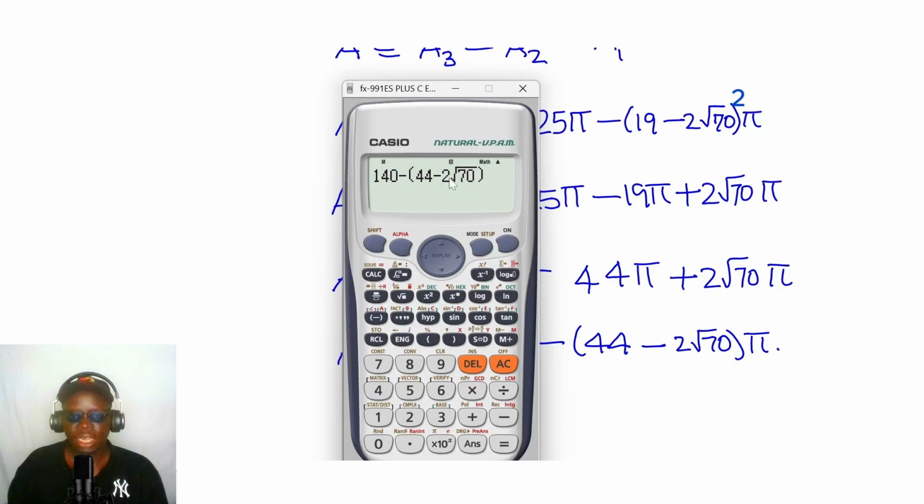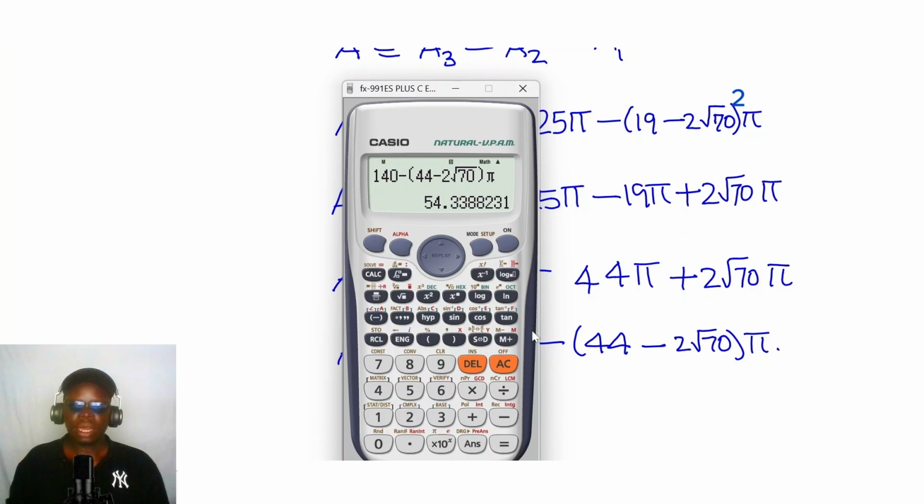After closing up this bracket, we can bring in the value of pi, and our pi is at this button. So we need to use a shift or second function of this exponent button, and we have our pi here. When we hit our equal sign, we see our answer automatically here, and that is 54.33888231.